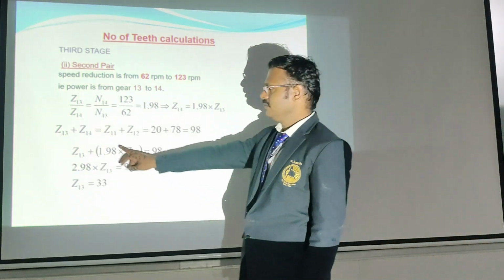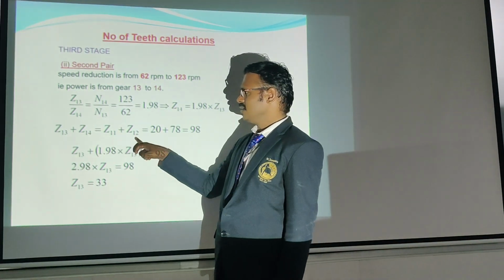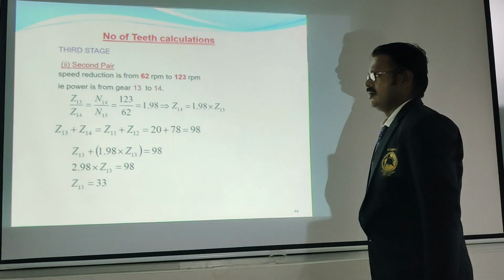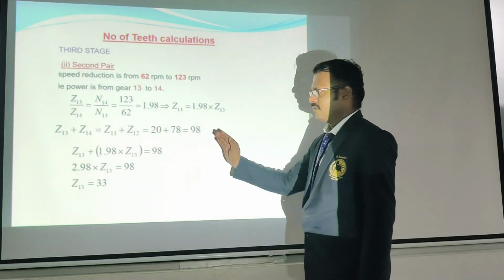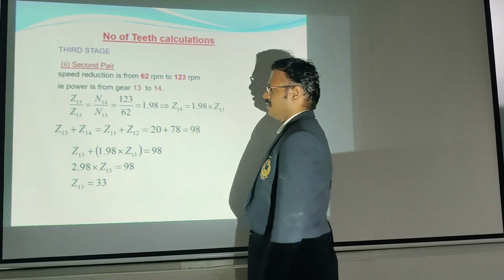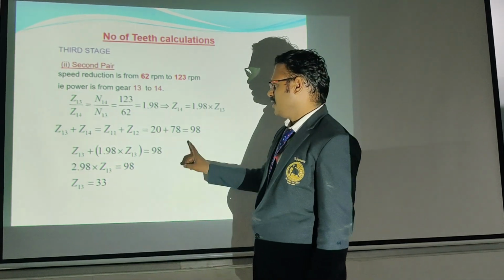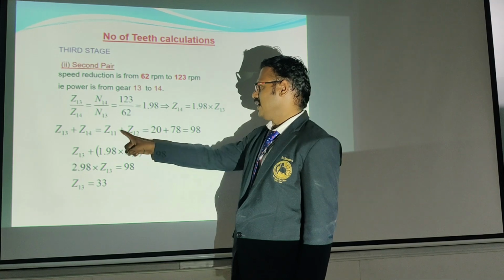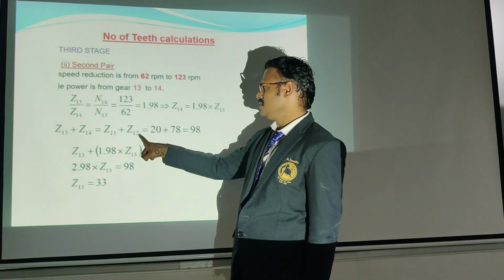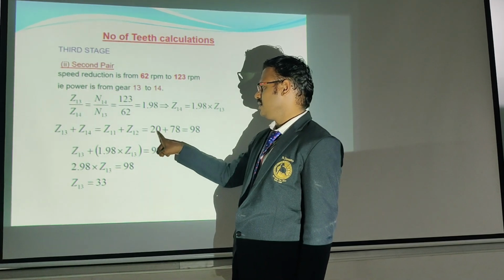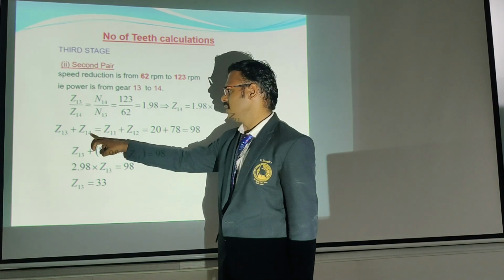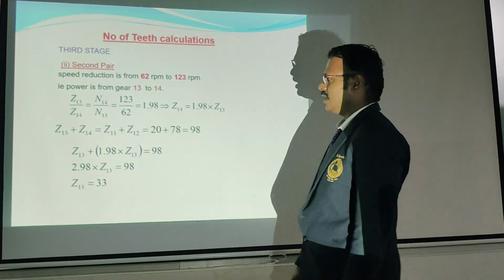So Z13 plus Z14 equal to Z11 plus Z12. By using that rule, we can find out the Z13. So already we know that these two values, Z11 is 20, Z12 is 78. By adding these values, Z13 plus Z14 will be 98.